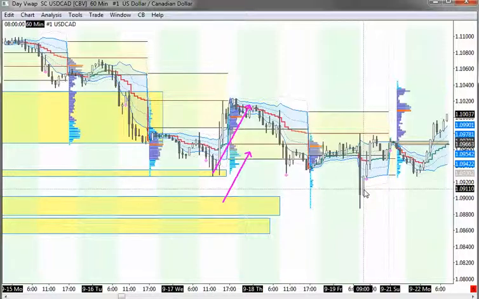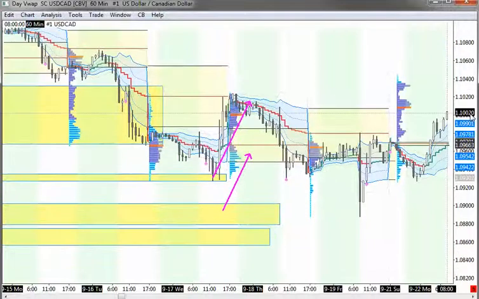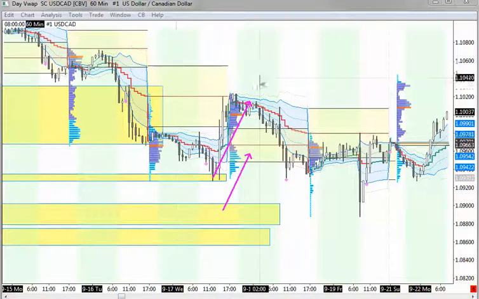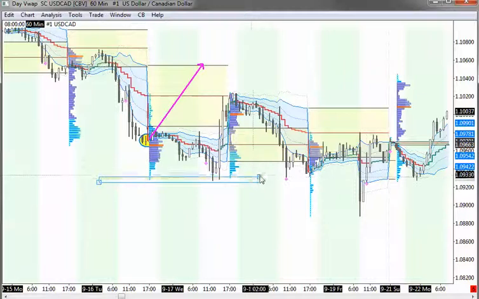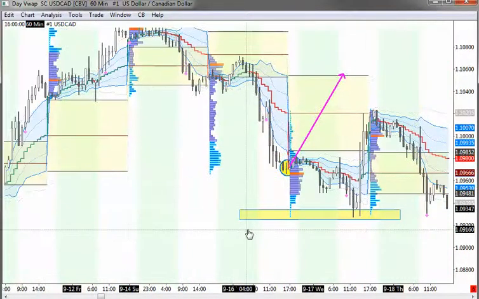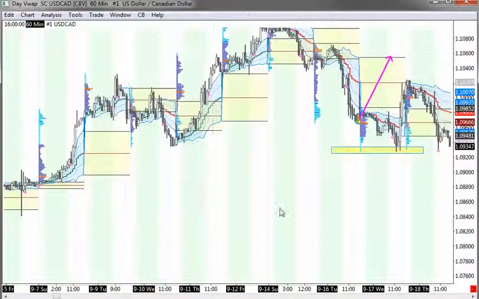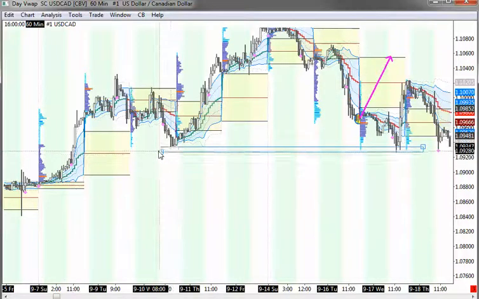So, in other words, if you're in a position and it's going against you, you don't want to put your stops at the point where you say, hey, this is where I think this is going to terminate. For example, if I had taken a long trade right here, expecting the market to go up, I wouldn't want to put my stop down here, because we know this level is coming from right here.